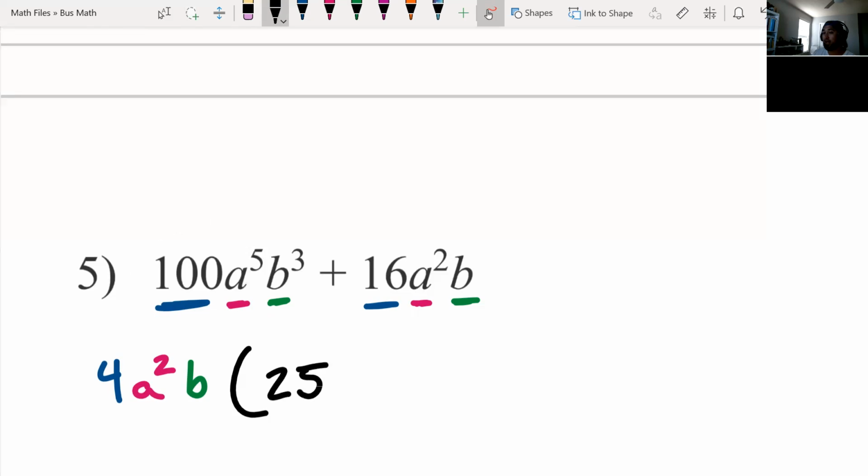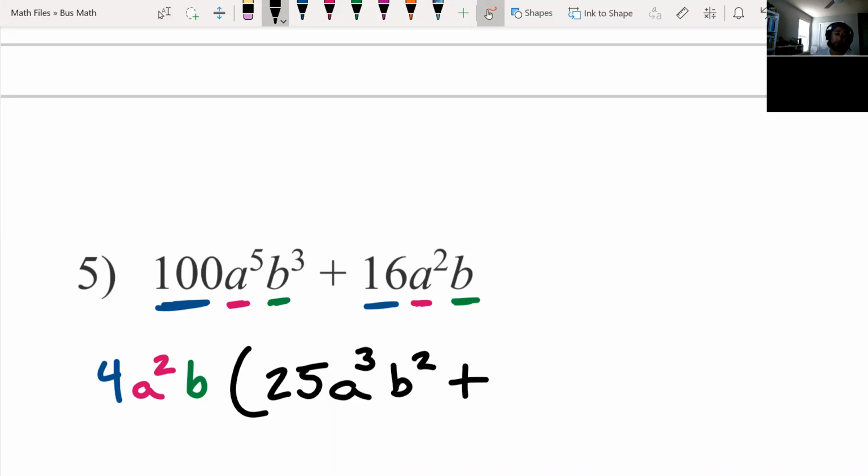A squared from a to the 5th, I guess the trick could be just subtract the exponents. A cubed, that's it. And then b from b cubed. B squared. There you go.